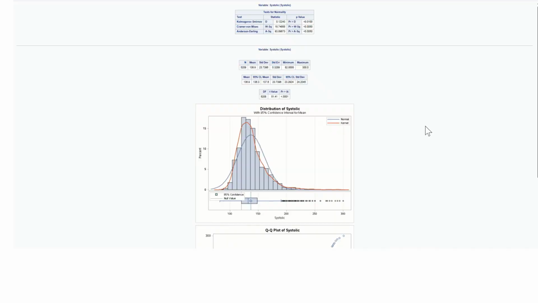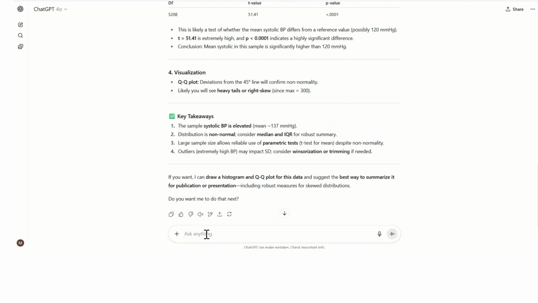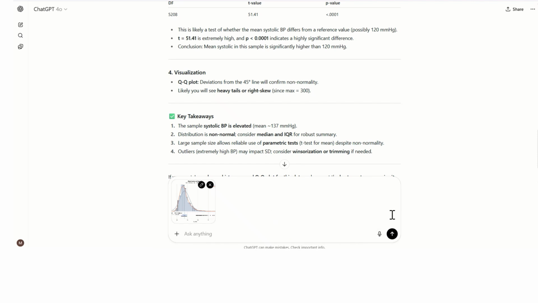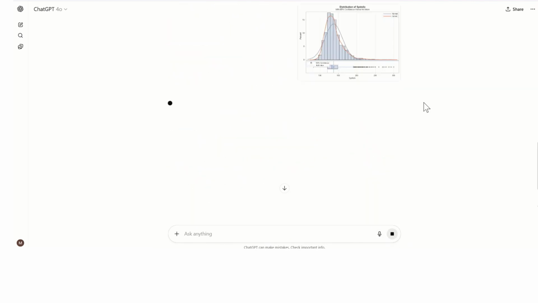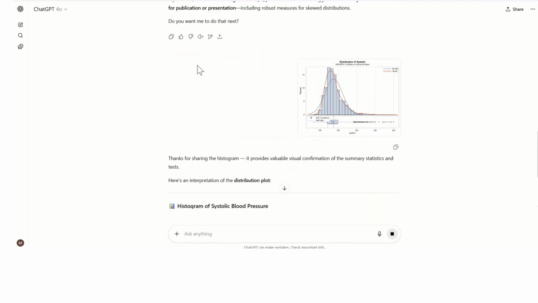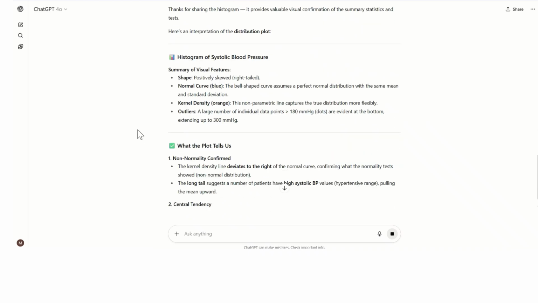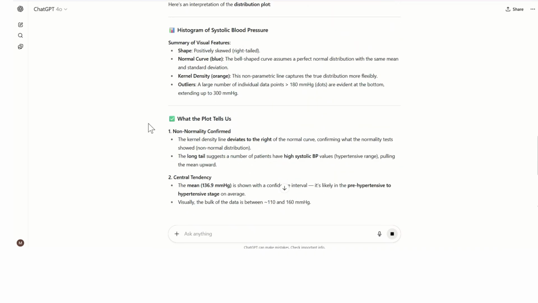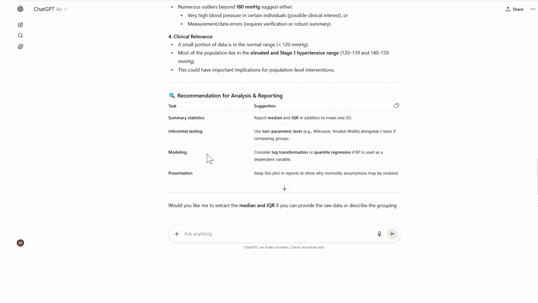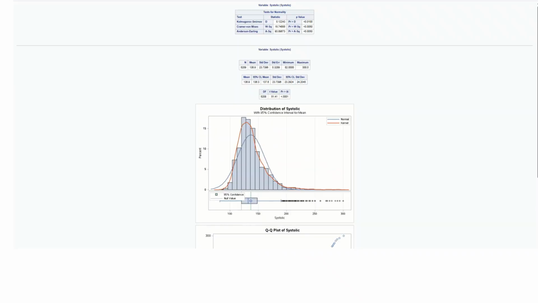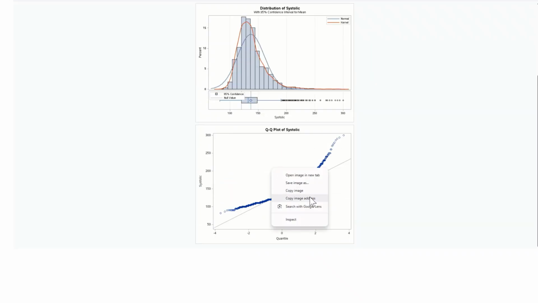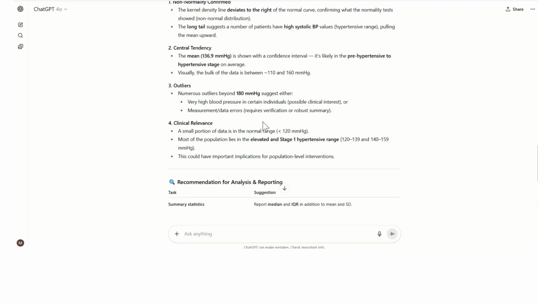So one way around is to just copy each individual image from your SAS results and then paste them there, and just submit them right after you paste them, and it should give you the interpretation of those results without even asking any specific questions. Same for the QQ plot, copy the image and paste it there.